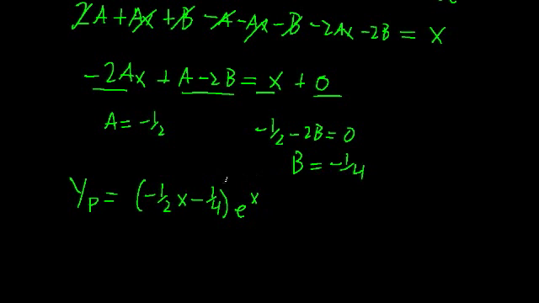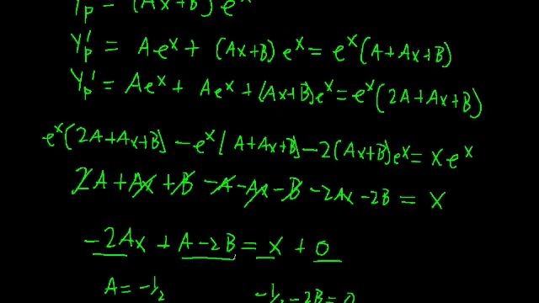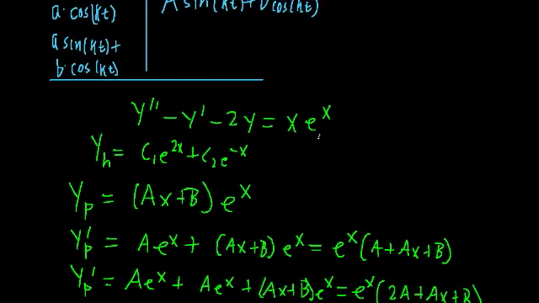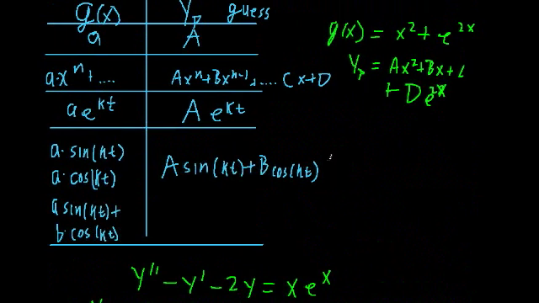And the general solution would just be this plus this homogeneous solution here. There we have it. We found that if you have any one of these three classes of non-homogeneous terms multiplied by each other, then you should do the appropriate guesses multiplied by each other.